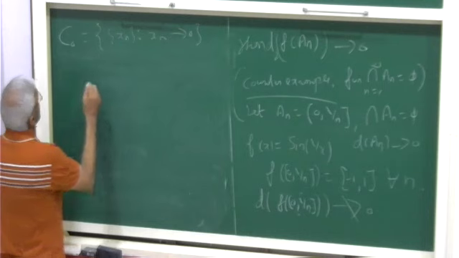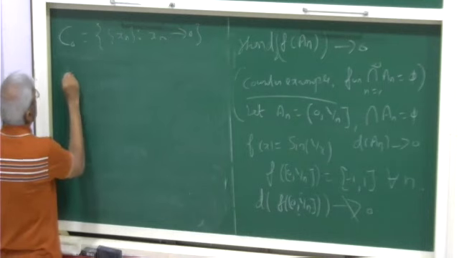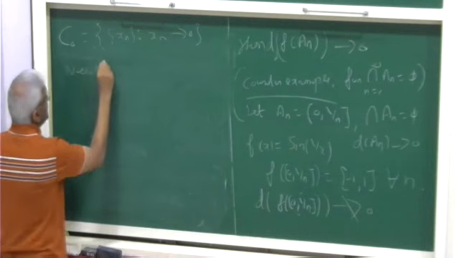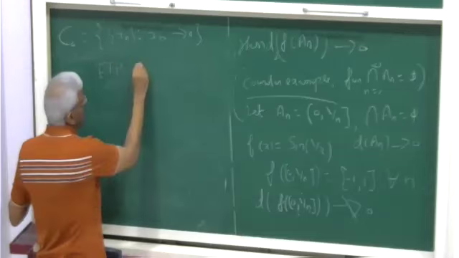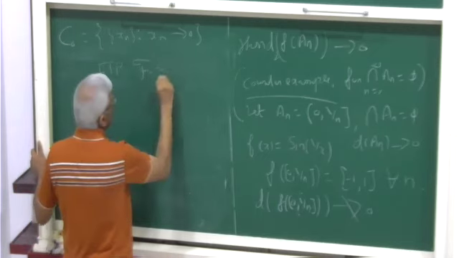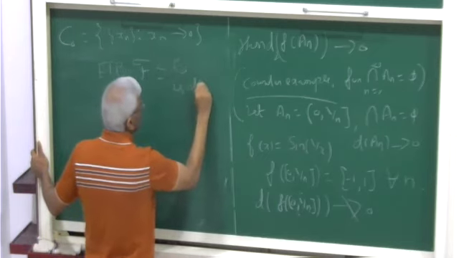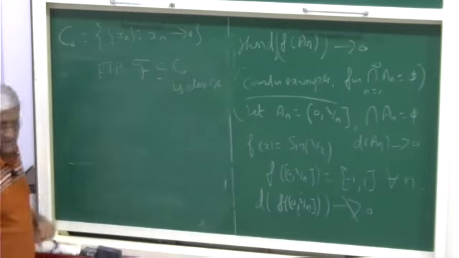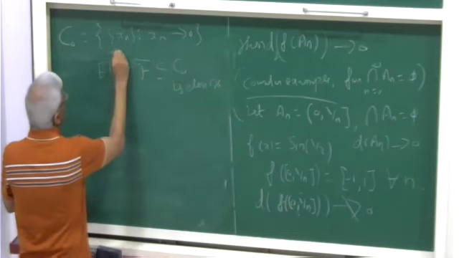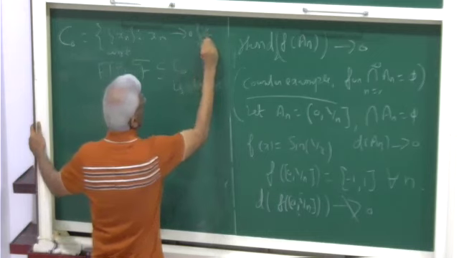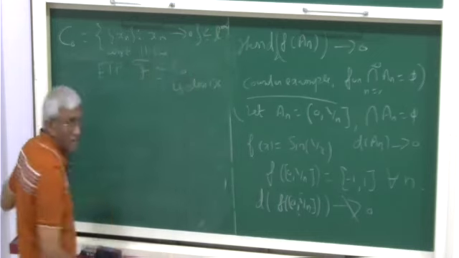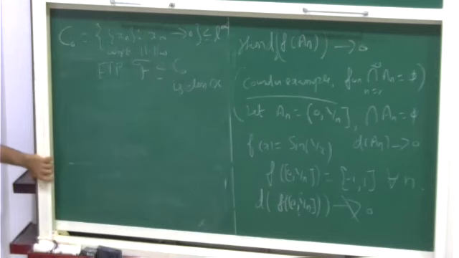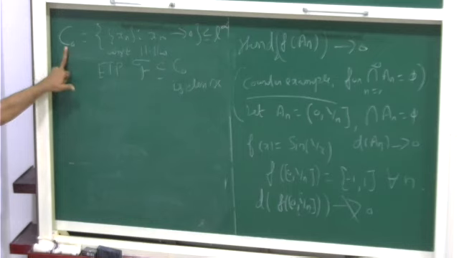It is enough to prove that the set F we defined, finitely many terms sequences, is dense in this topology, as a subset of L infinity, with respect to the supremum norm.